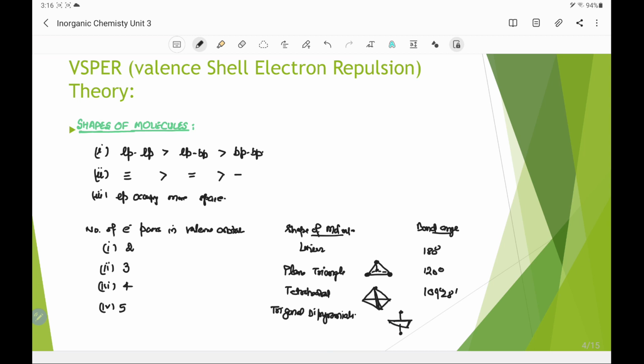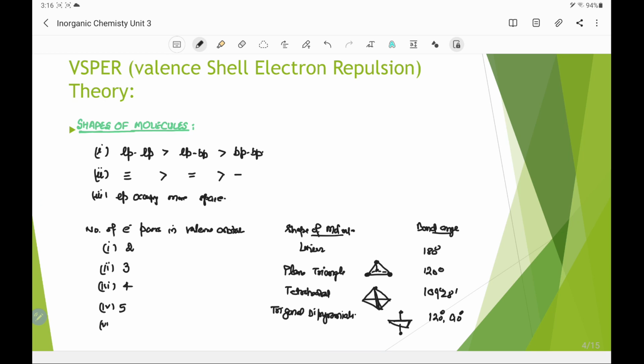Bipyramidal means it has a triangle base, and 2 bond pairs, one upside and one downside. Therefore, it will have angles of 120 degrees with the central atom in the triangular plane, and 90 degrees at the apex, one up and one down.